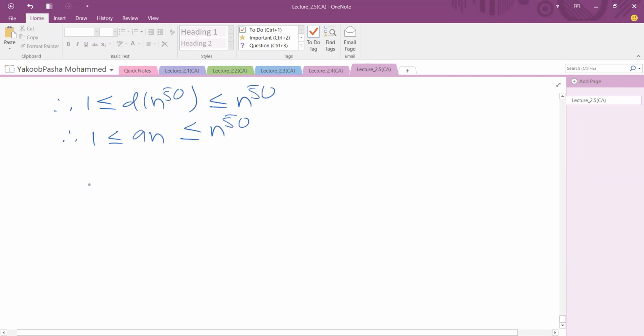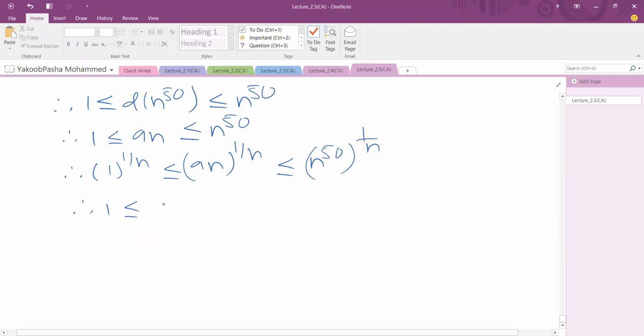Now take the 1/n power of every term: 1^(1/n) ≤ a_n^(1/n) ≤ (n^50)^(1/n). Obviously, this is 1 ≤ a_n^(1/n) ≤ (n^(1/n))^50.